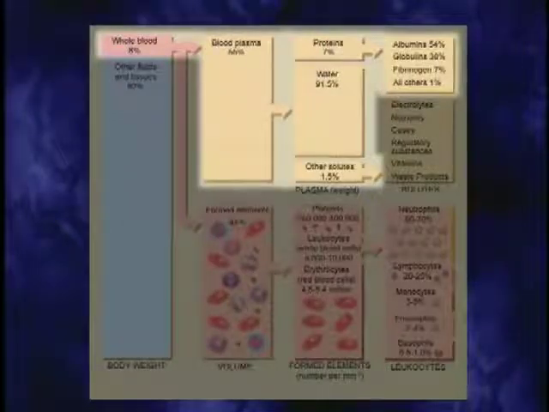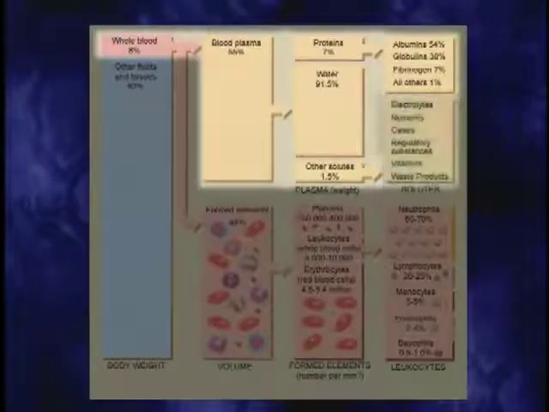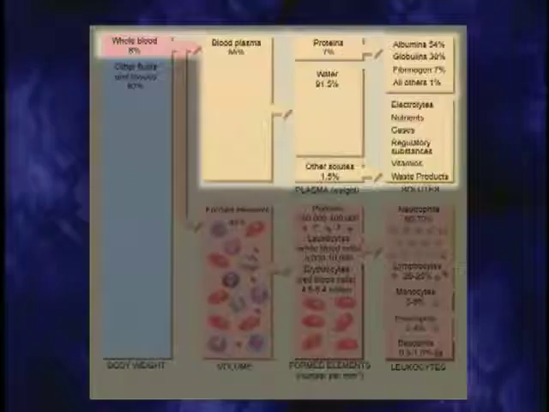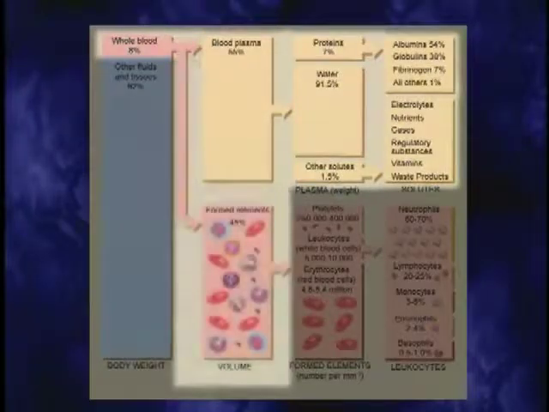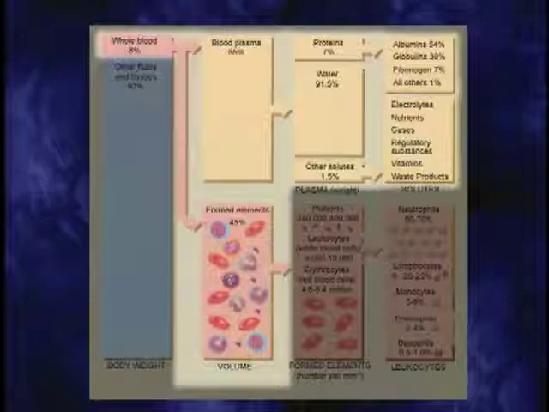The other solutes, as I mentioned, are electrolytes, gases, some of the nutrients, and other signalers, regulatory substances, which I won't talk about now. This brings us back to this important 45%, which are the formed blood elements.